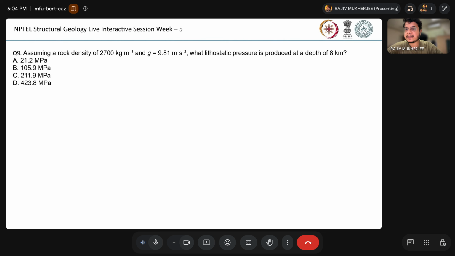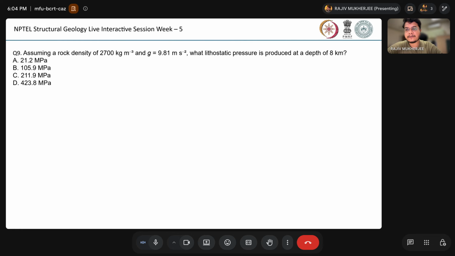So we have been given that the rock has a density of 2,700 kilogram per meter cube with acceleration due to gravity 9.81 meter per second square. So what lithostatic pressure is produced at a depth of 8 kilometers?